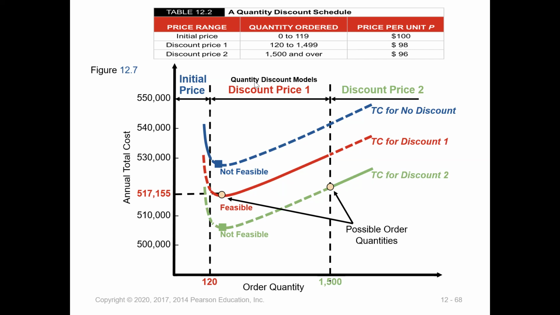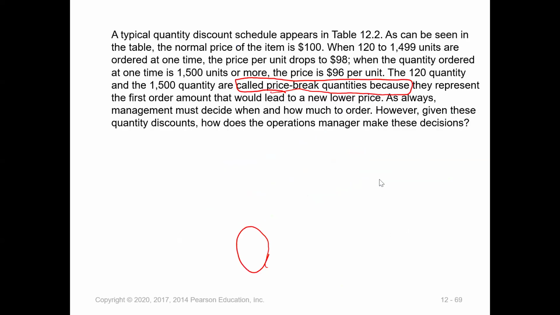For discount price 1, if you buy between 120 and 1499, which is below the 1500 here, anything here is feasible. So if you are using this price and you came up with a quantity between 120 and 1499, it's feasible, you got the discount. But if your quantity came up here, it's not feasible. If it is here, it's not feasible. And the same thing for the second price.